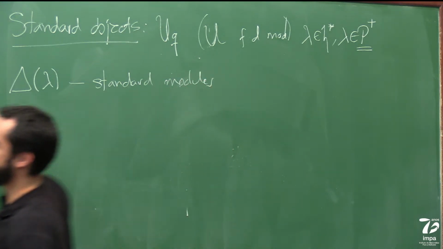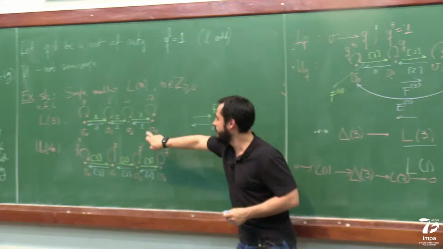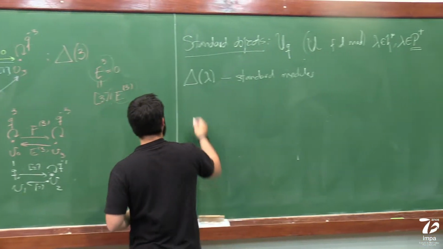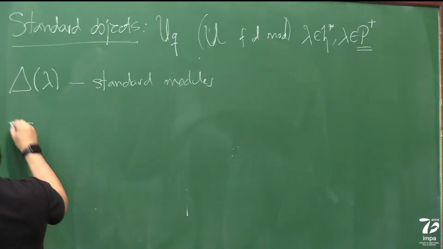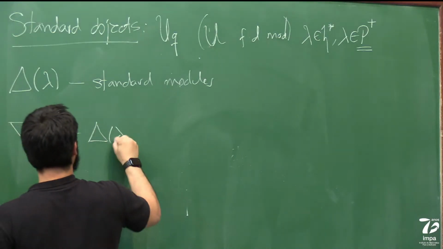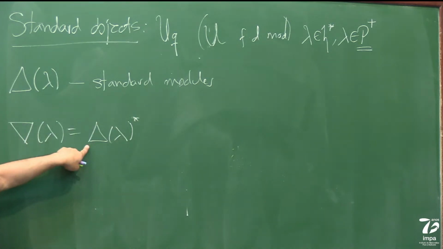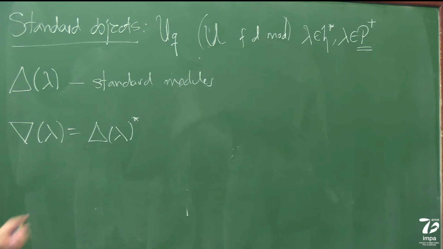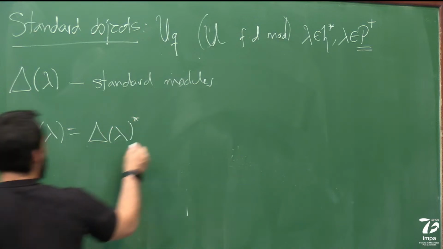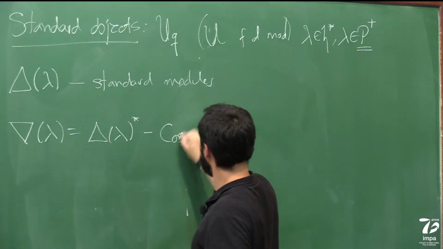These ones are called standard modules. You can think of standard modules just as the quantizations of the simple modules, but now they become indecomposable. You can consider duals of these guys, which is just this. For duality, I need the Hopf structure on the quantum group, but because I'm not going to use it in the rest of the talk, this dual is called the co-standard module.